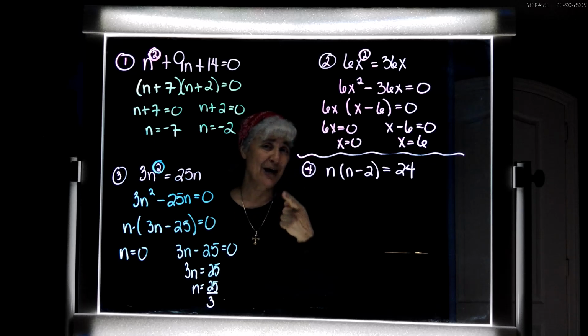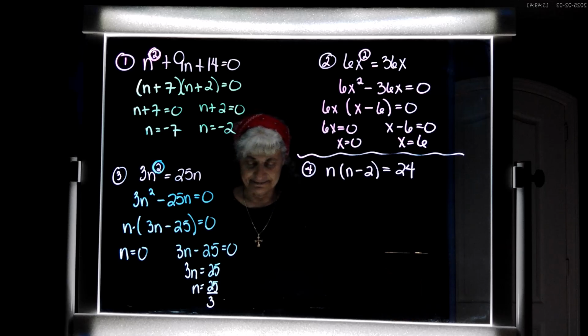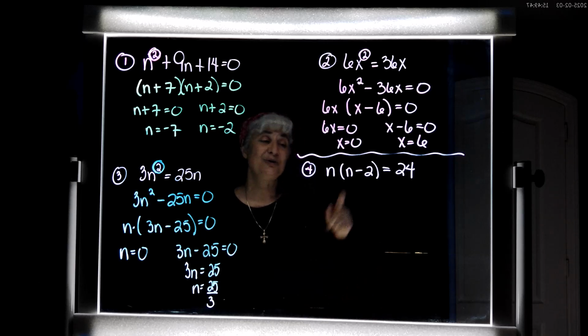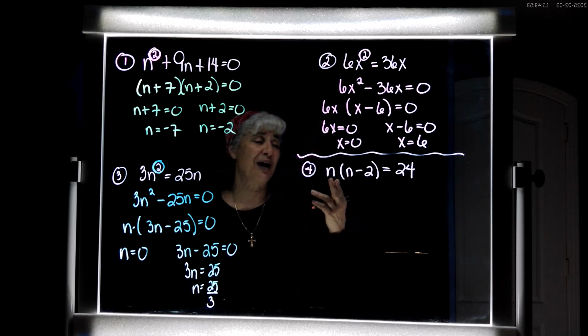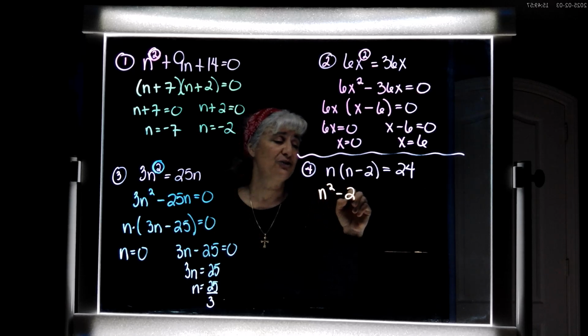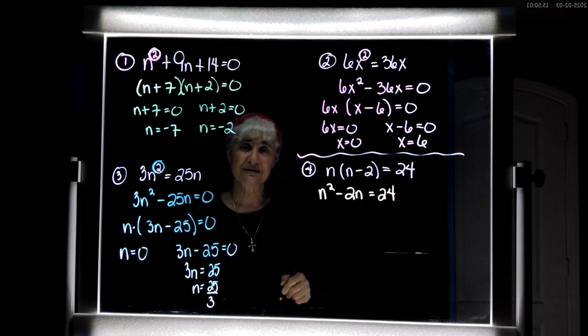I would agree, except what's it equal to? I know it's equal to 24. It has to be equal to 0, and it's not, which means this isn't factored correctly. This is them trying to fool us. So to be honest with you, I'm going to have to distribute to get rid of the parentheses so I can see what's going on on the left.